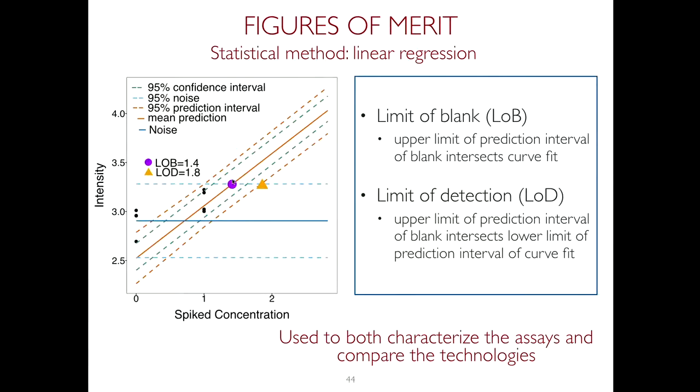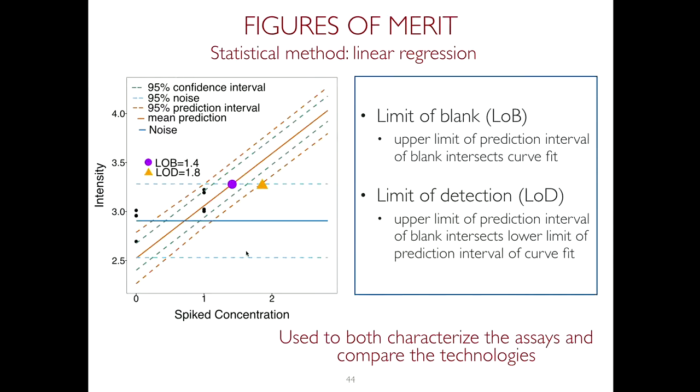So limit of blank is here. If this is the average signal from the blank samples, and this is their prediction interval, this is the range where we can expect new data points. Then the limit of blank would be the point where our curve fit intersects the upper prediction limit of the blank samples.